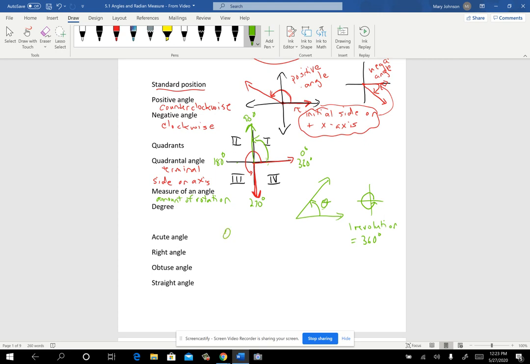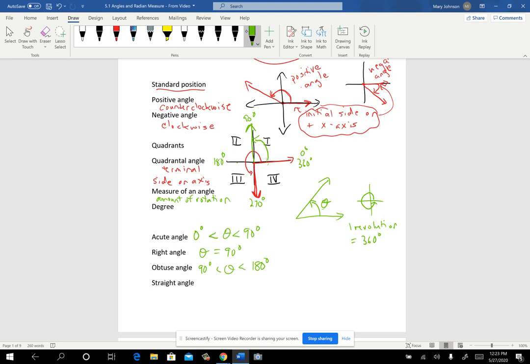If theta is less than 90 degrees and greater than 0, it's acute. And for a right angle, it has to equal 90 degrees. If theta is a right angle, it would have to equal 90 degrees. An obtuse angle has to be bigger than 90, but less than 180. So between 90 and 180.